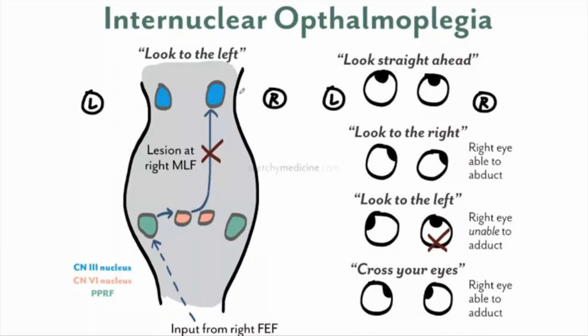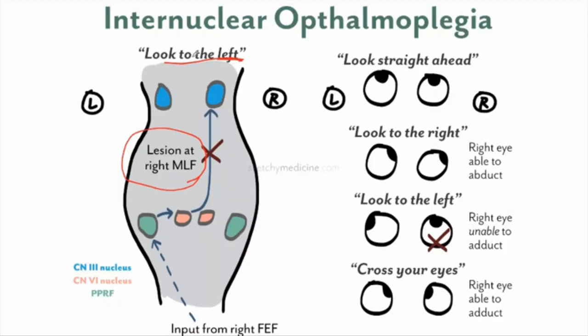Let's say, for example, here is a patient, here is a brainstem, and the lesion is present at the right medial longitudinal fasciculus, and we ask the patient to look to the left. What will happen?